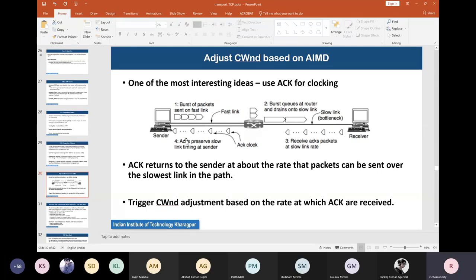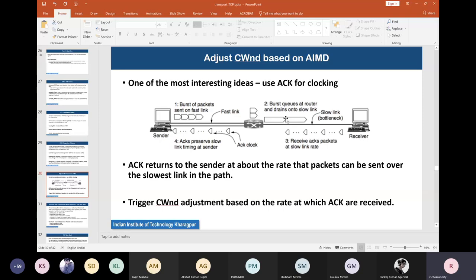your slowest link of the network sets the upper limit on what can be supported. Do you understand? It is not the fastest part of your network, it is the slowest part which determines congestion. So congestion will happen at this router or in the connection between this router and the receiver, because that link is slow.